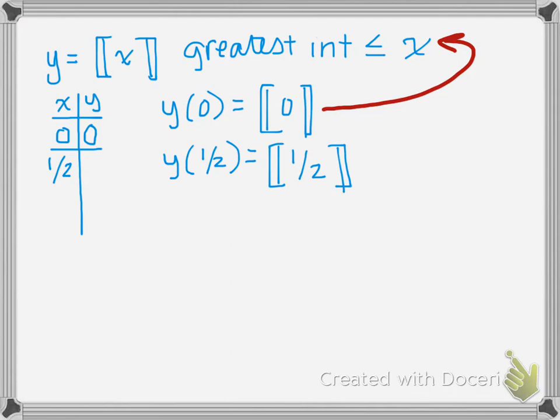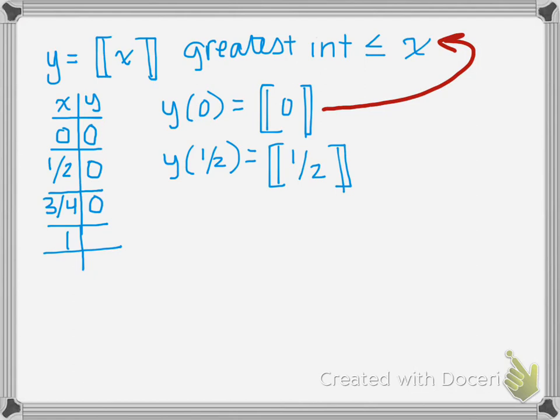So maybe you think about that for a moment and you say, oh, that's a 0 also. I'll just continue here with another one. So 3/4. What's the greatest integer that's less than or equal to 3/4? Again, 0. And I'm not going to flip over until I get to 1. So all of these fractions between 0 and 1 are going to have an output of 0.